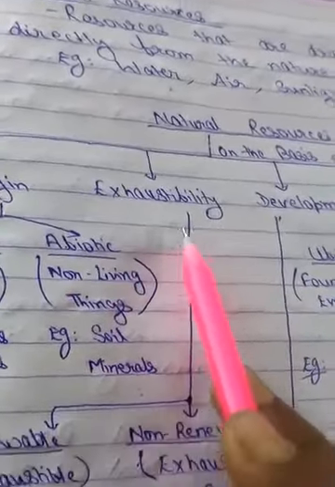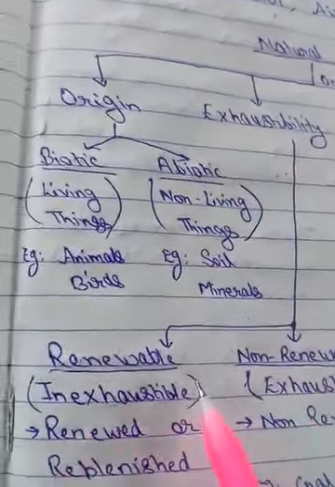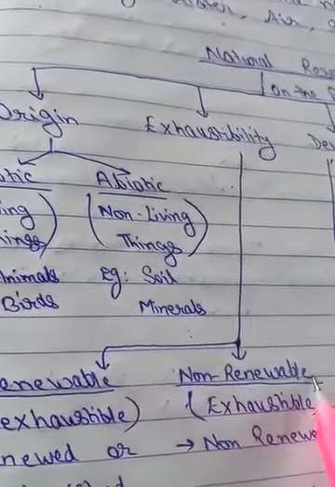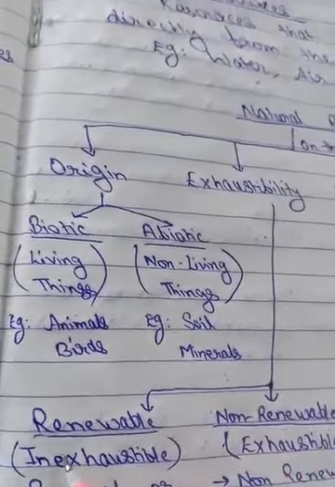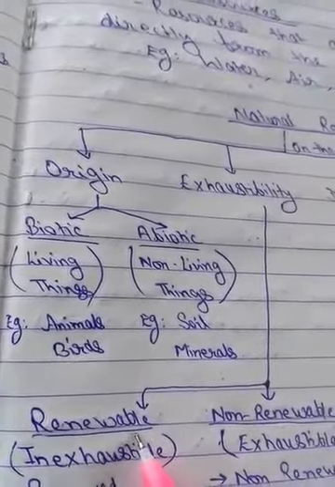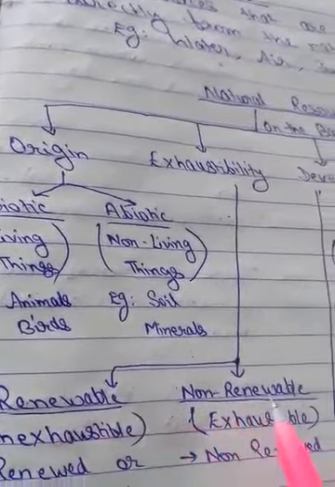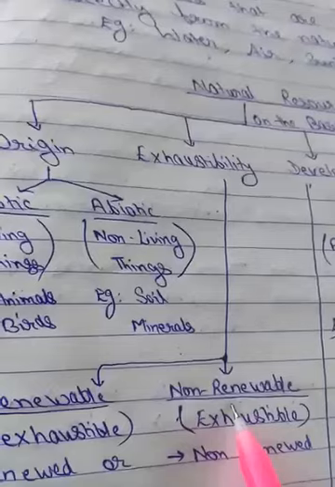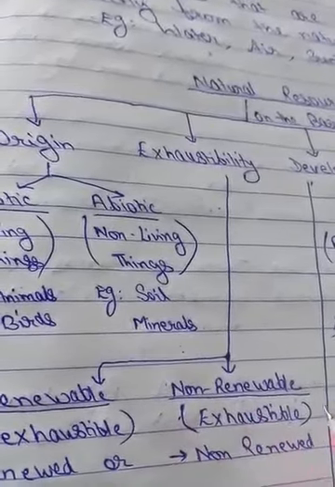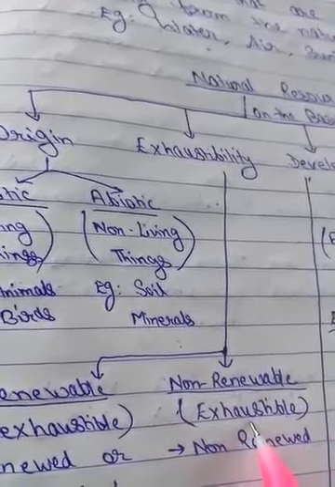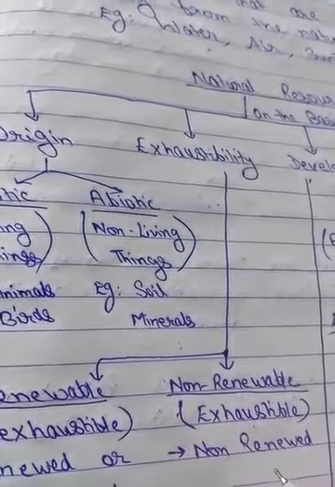Now, go with exhaustibility. On the basis of exhaustibility, there are renewable resources and non-renewable resources. Renewable resources can be renewed for a long time, while non-renewable resources cannot be renewed, and at one time they can be depleted. Depleted means there is no existence.